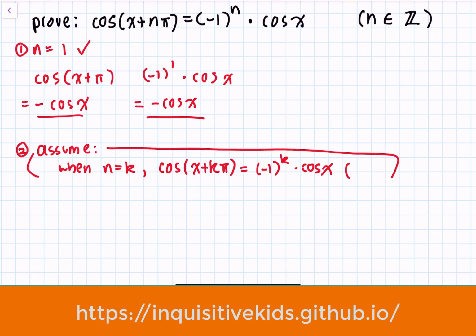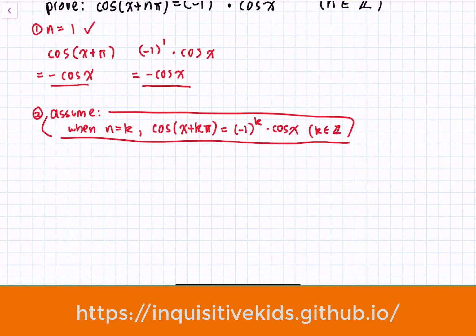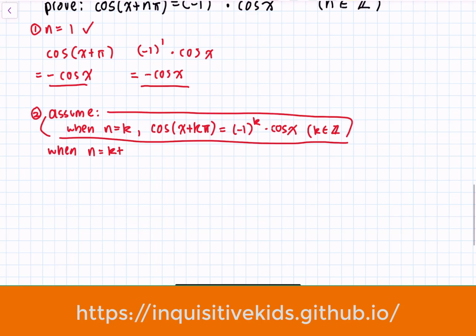And k is an integer. So then, building off of our assumption, we can go ahead and try to prove what happens when n is equal to k plus 1.